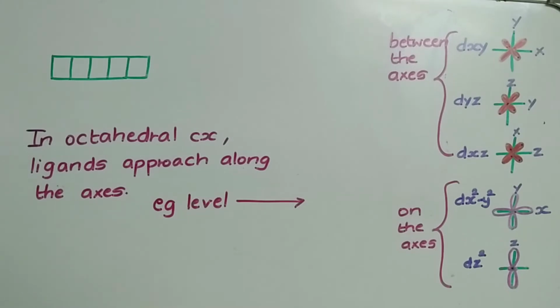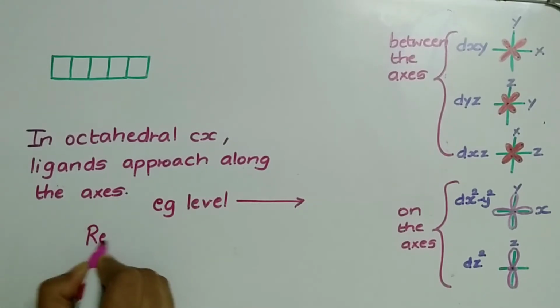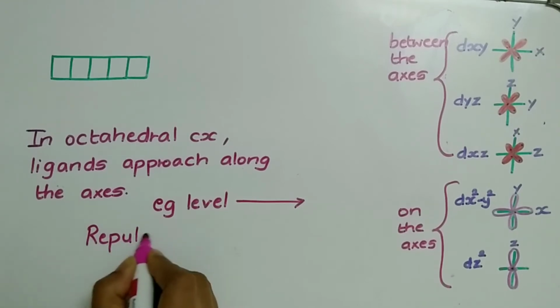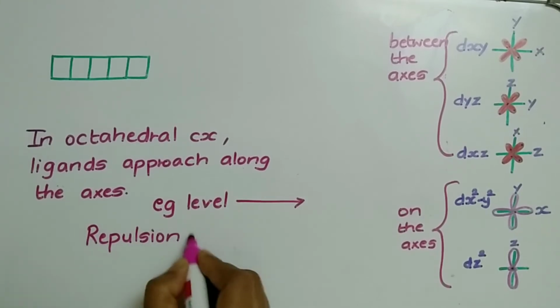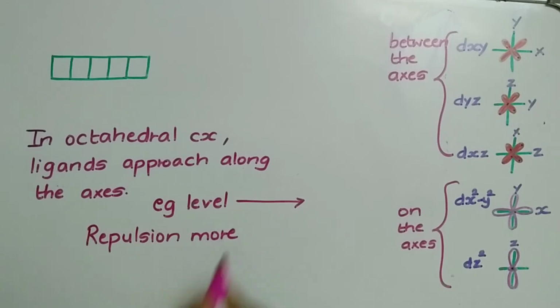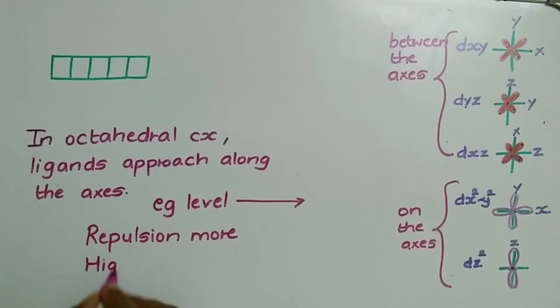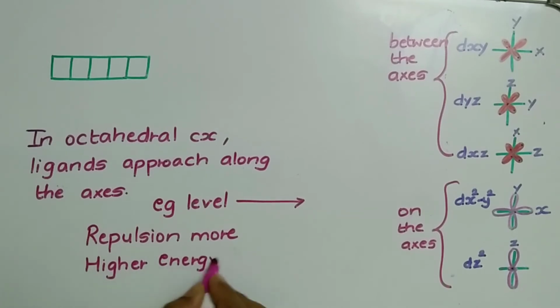So, therefore, more repulsion takes place. If repulsion is more, therefore, Eg goes to a higher energy level, correct. So, that is in the case of an octahedral complex.